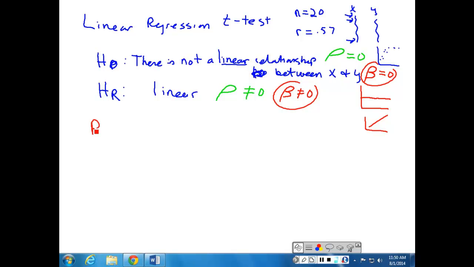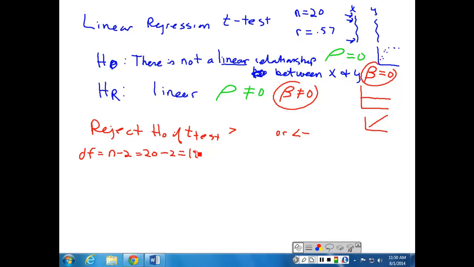We're going to reject H0 if the t-test is greater than some number or less than minus that same number. So now we're just back to the good old t-table, except for now the degrees of freedom is equal to n minus 2, which would be 20 minus 2 in this one, or 18 degrees of freedom. The reason it's minus 2 is you're actually computing two sample standard deviations, one for the x's and one for the y's.